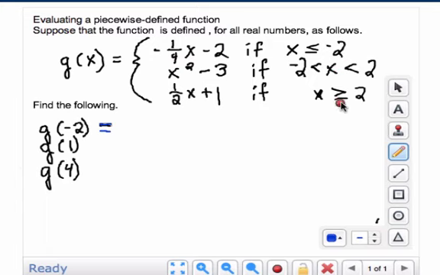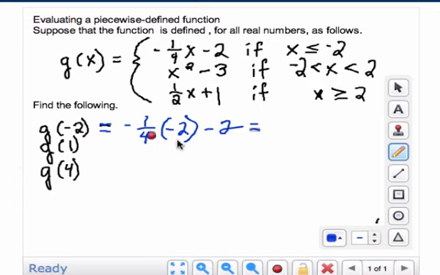X is equal to -2, and there's an equal to part here, so it falls into this group right here. You replace x here with -2 and simplify: -1/4 times -2, minus 2.